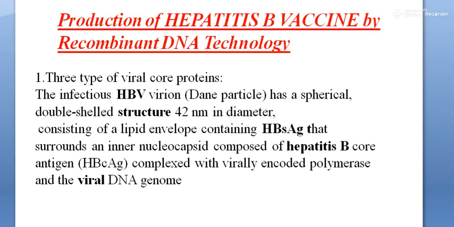So let's see what proteins are involved in making up the hepatitis B virus. Basically there are three types of viral core proteins.